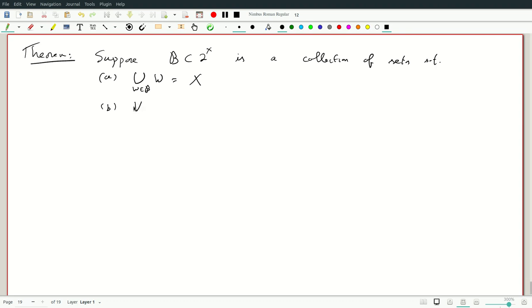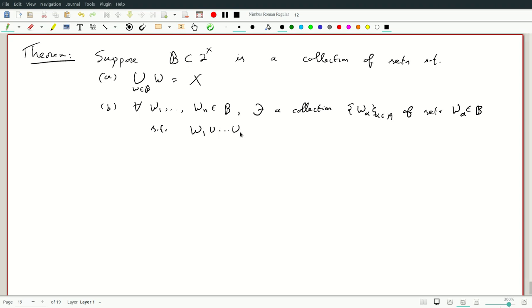And then for all W1, ..., Wn in B, let's spell this out clearly as we are stating it as a theorem, there exists a collection W alpha, alpha in A, of sets W alpha in B such that W1 intersection ... intersection Wn is the union of alpha in A.